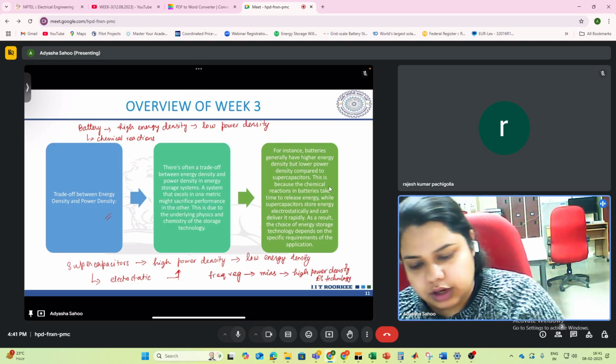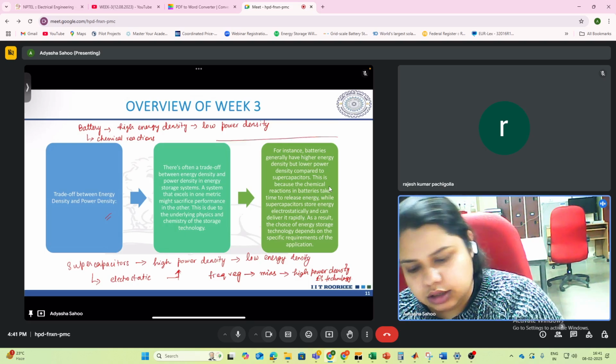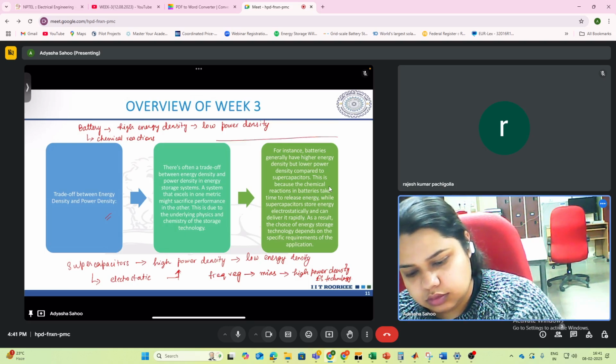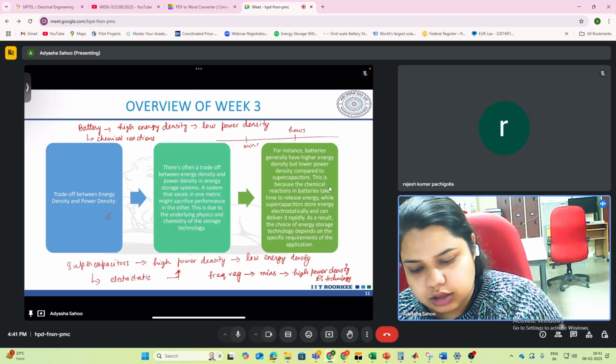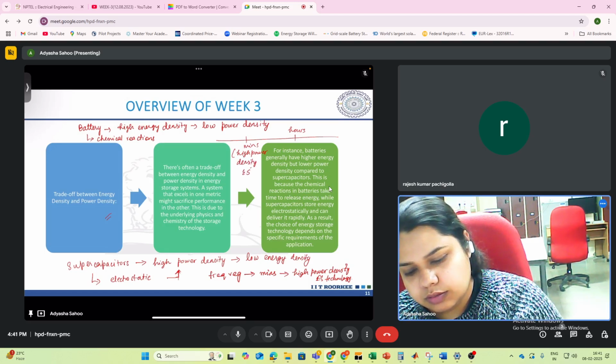So if you divide it in the time scale range, for the minute range, we have high power applications, high power density energy storage.